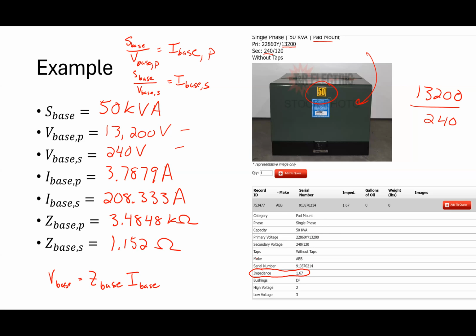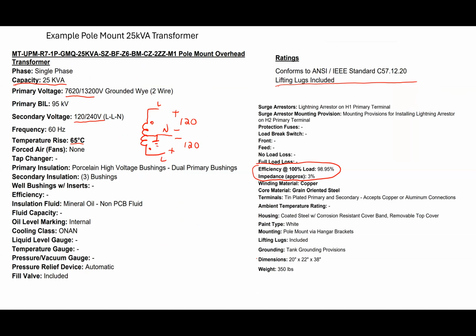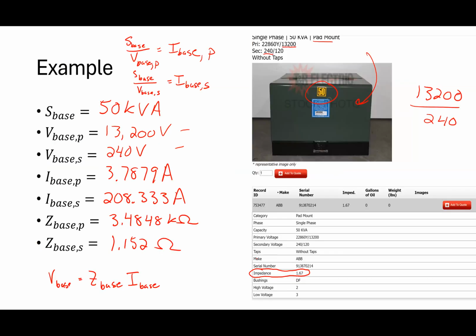Now, what does that mean? That's the internal impedance. It's what it's told me, just like it did here. It gave me the impedance. It's telling me that the percent Z is somehow equal to 1.67%. So what has it told me with that?